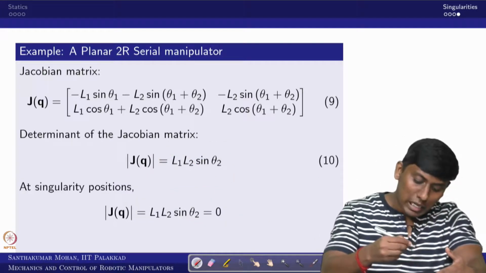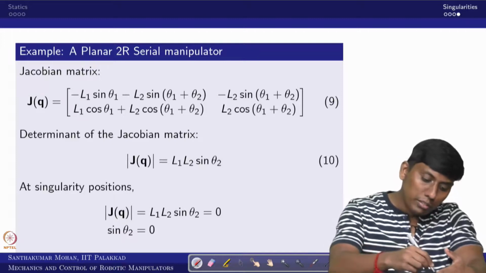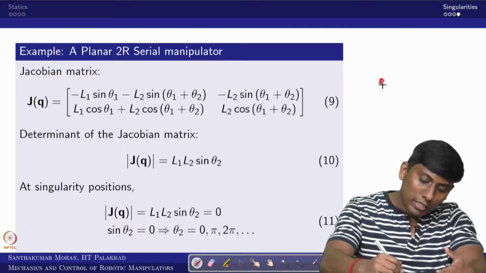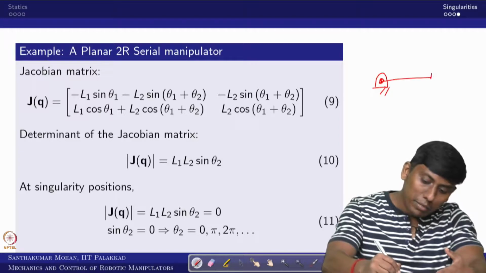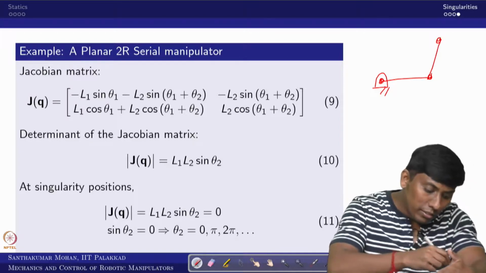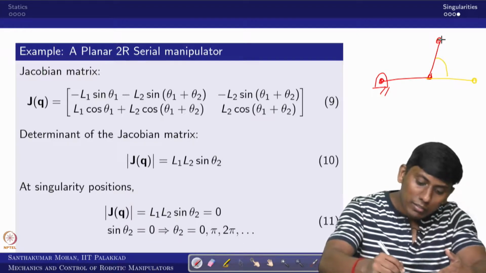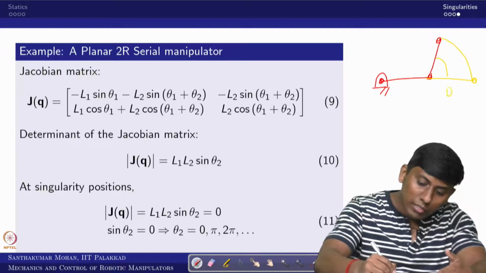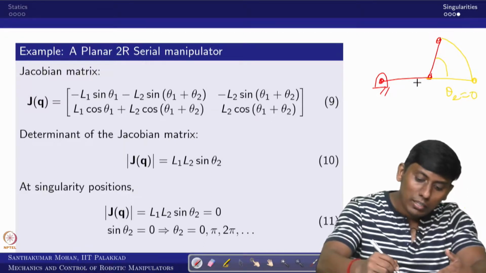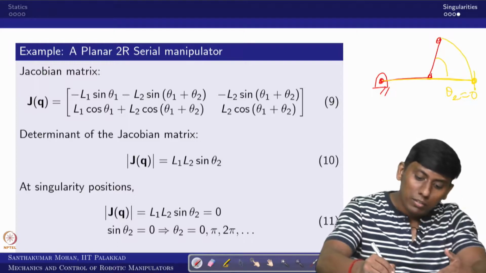That is very clear. Now let us take two simple cases. For example, this is a 2R serial manipulator, and I am trying to show when it becomes singular. You rotate this and make theta 2 equal to 0 degrees. This is the extreme of the workspace, right? The boundary.